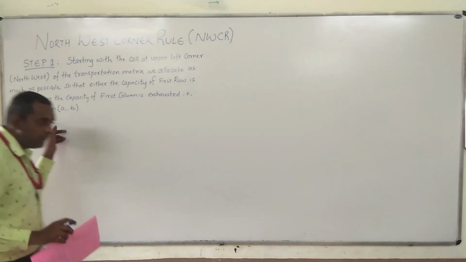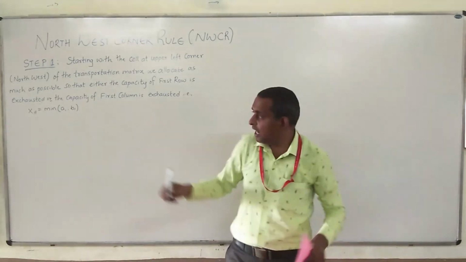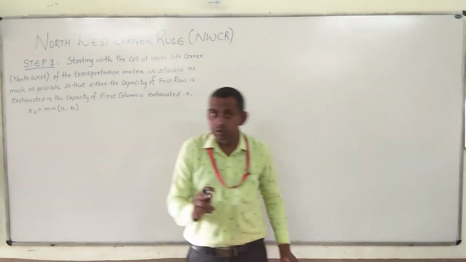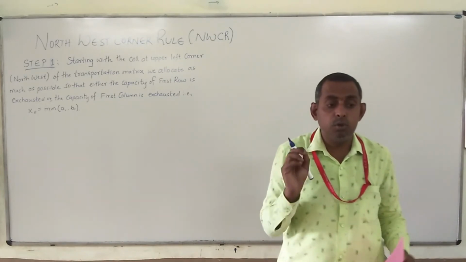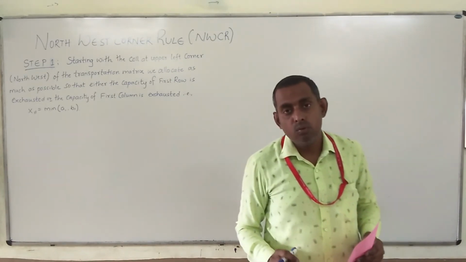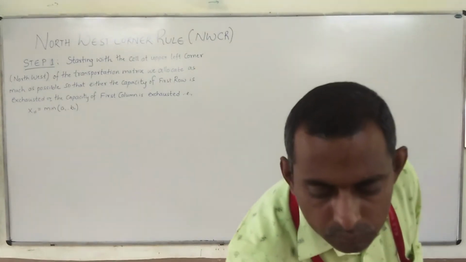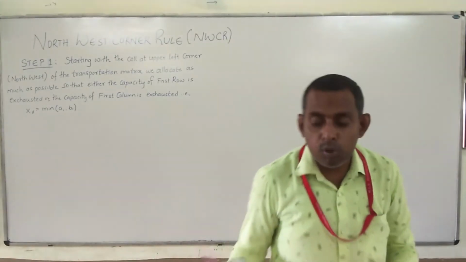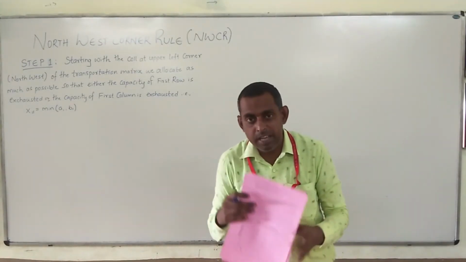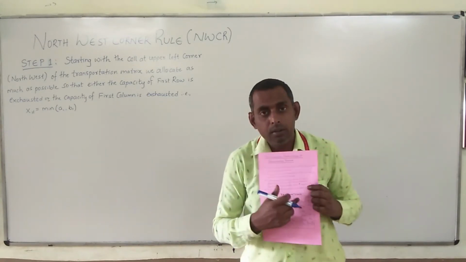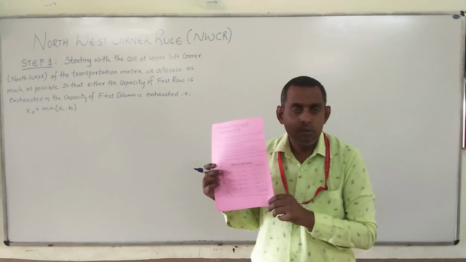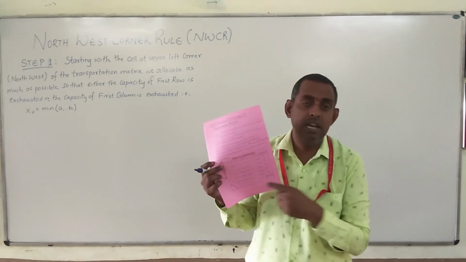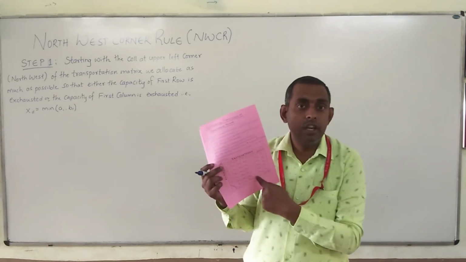To understand this, first we should know the mathematical formulation of the transportation problem. Once we know it, here it is. This is the mathematical formulation of the transportation problem. If you remember, please open what I have written in the notes and check that.